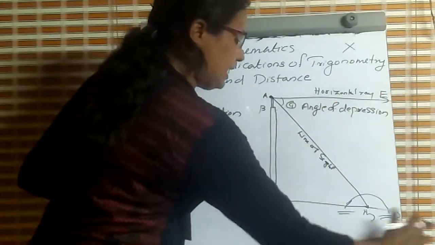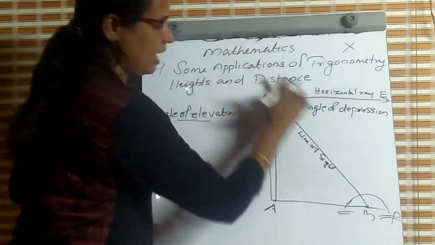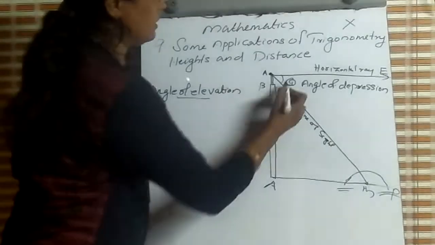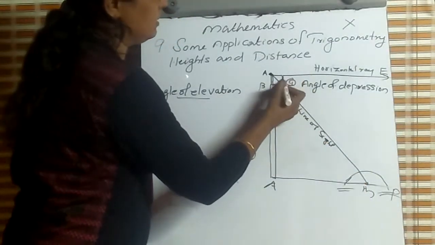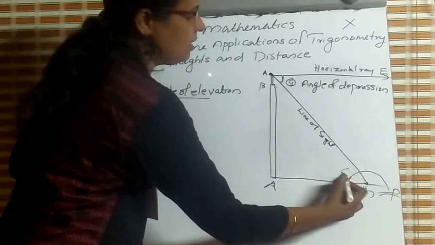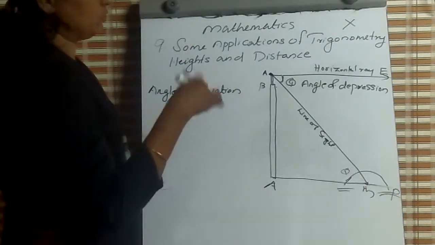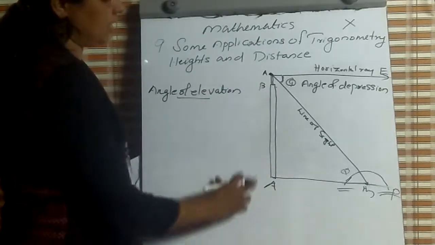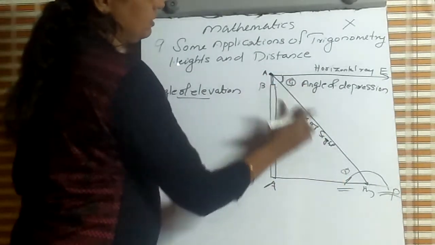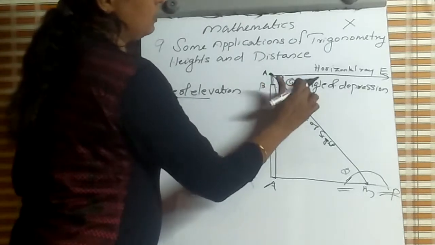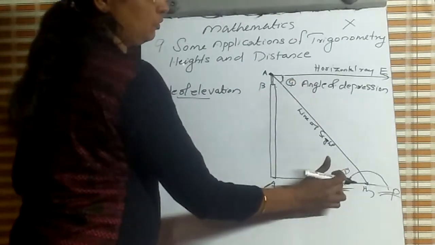AE and AP are two parallel lines and AM is the transversal. So these two angles are alternate angles. If this angle is theta, this is also theta. For finding the height of this building, we use the relation that alternate angles are equal. So this angle of depression is equal to this one.